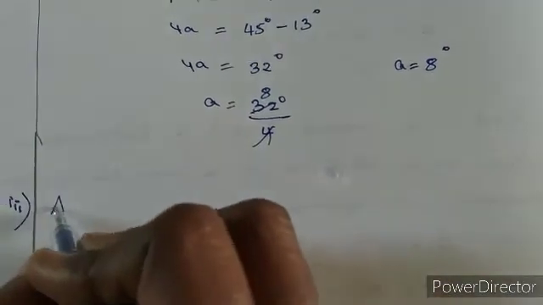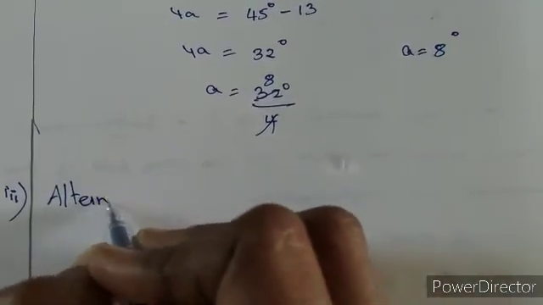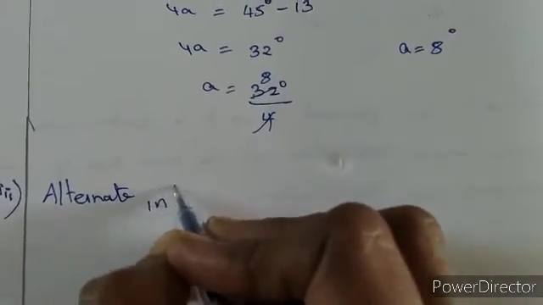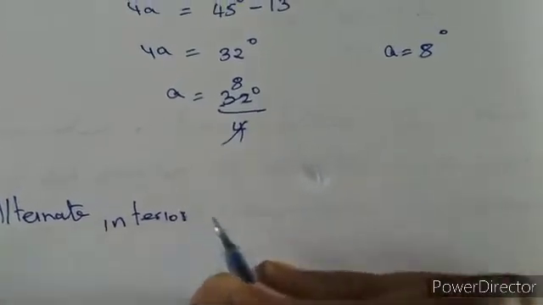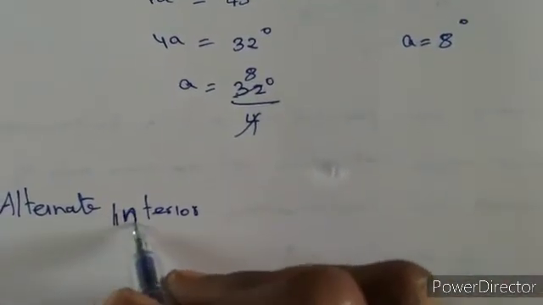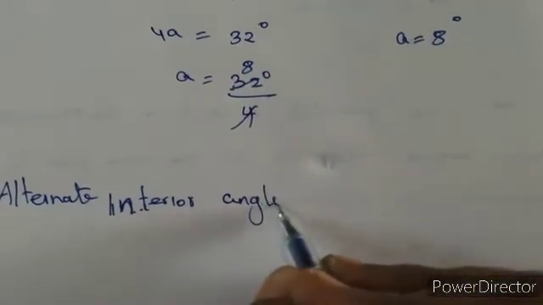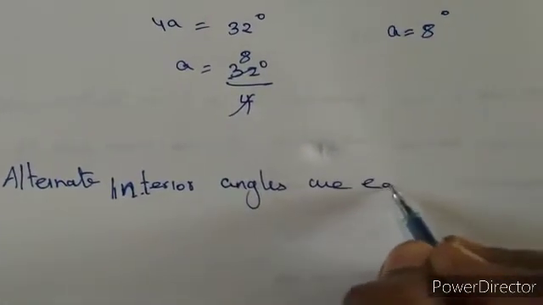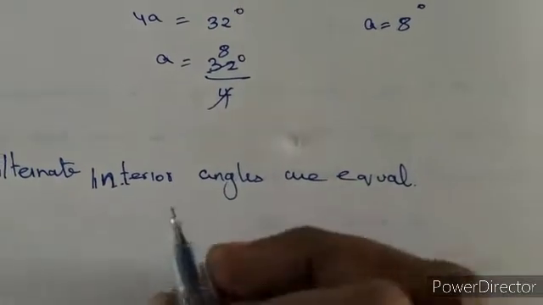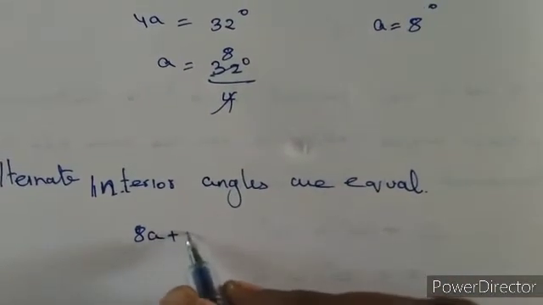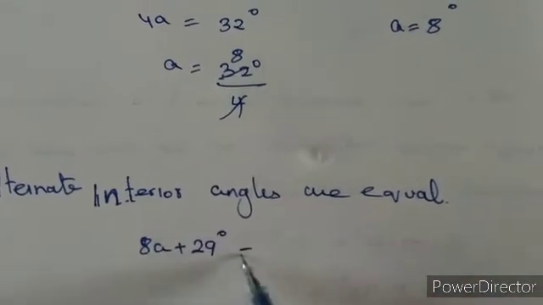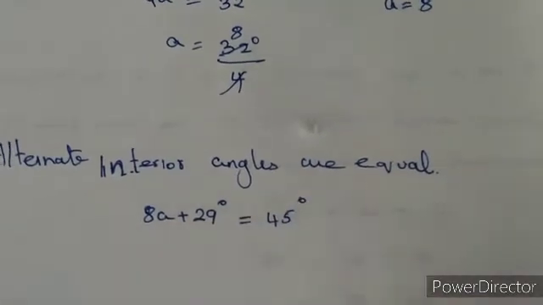Next, subdivision 3. Here, in the sum, alternate interior angles are equal. So 8A plus 29 degree is equal to 45 degree.